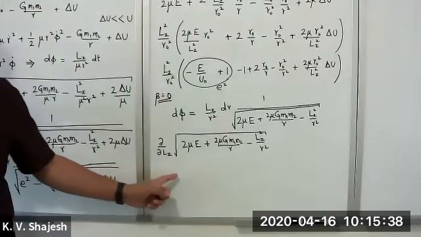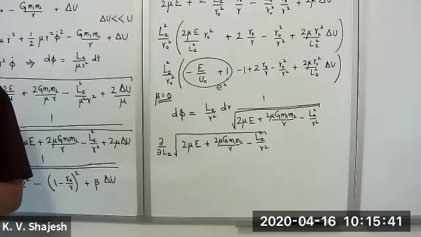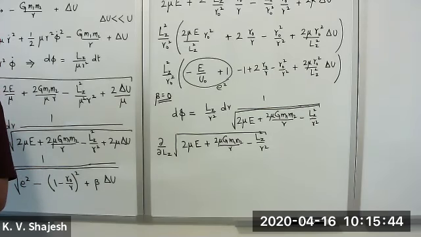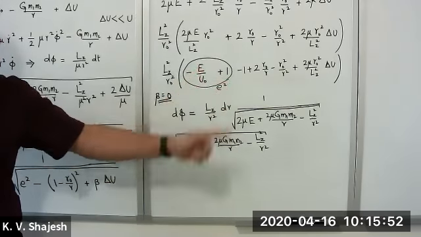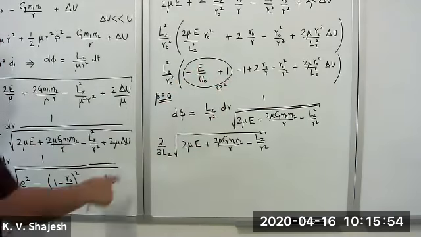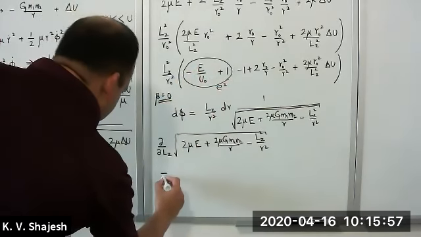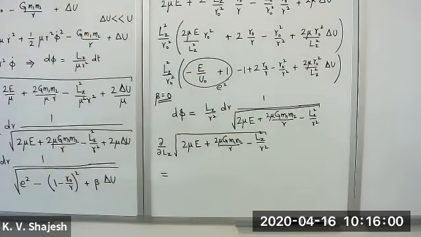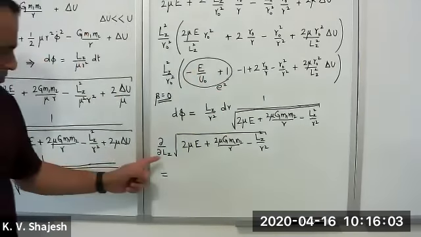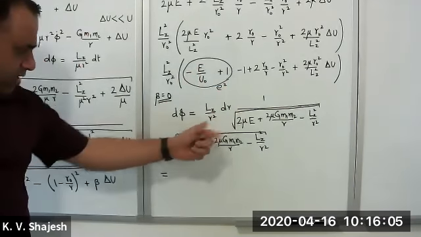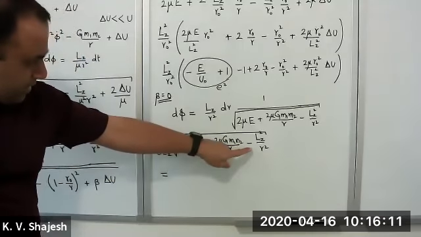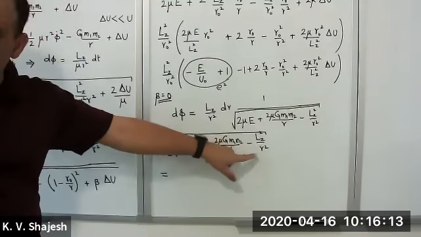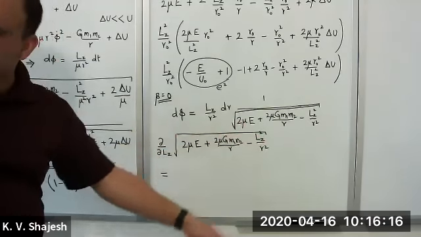So what's the derivative of this? Remember, the derivative of a square root of a quantity brings down the square root in the denominator. So this square root in the denominator can be generated by a derivative of the quantity inside the square root. When I take the derivative, there will be a factor of half coming in. The whole thing goes to the denominator, and then I have to take the derivative of this LZ square, which gives minus 2 LZ over R square.